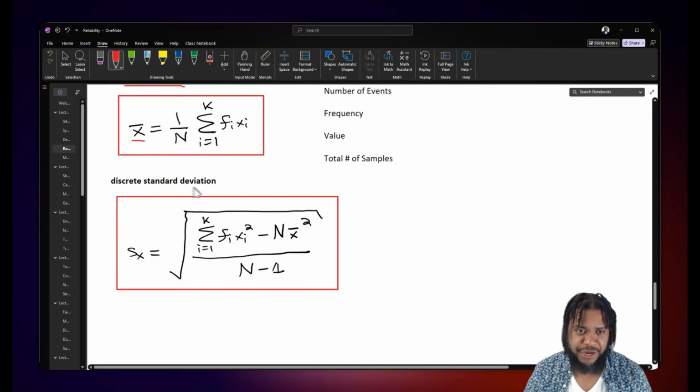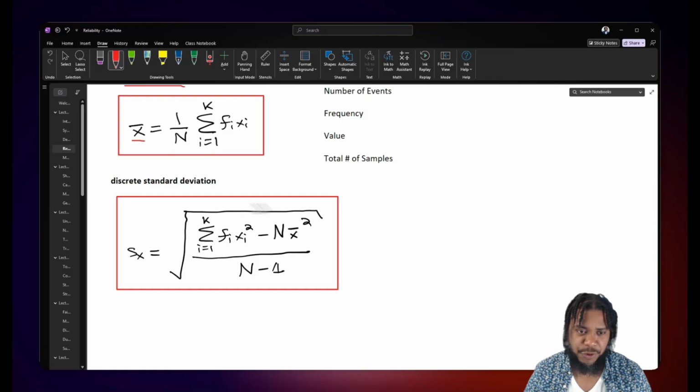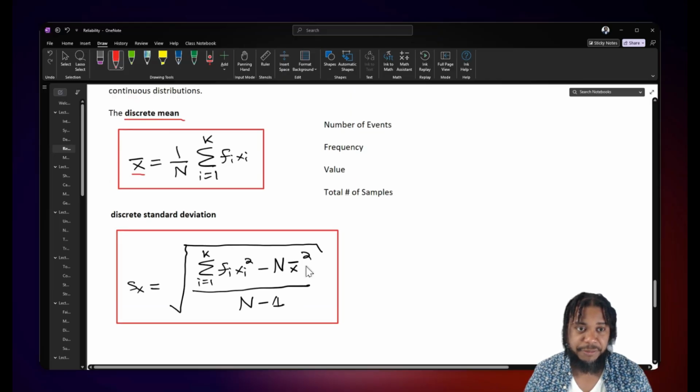The discrete standard deviation, S of x, can be found as the square root of the sum from index i equal to 1 to k of the frequency of that specific value times the specific value squared, minus the total number of events times the mean squared, divided by the number of events minus 1.